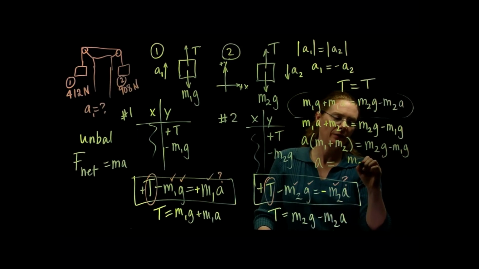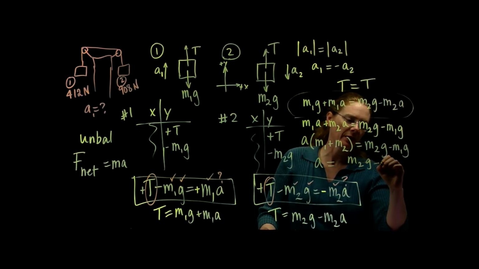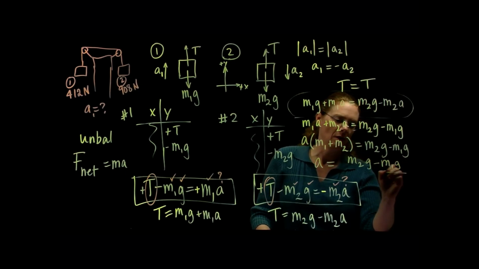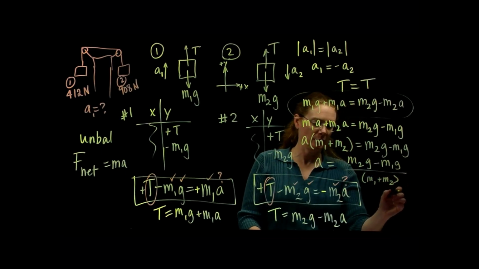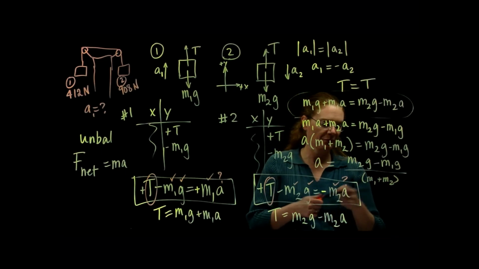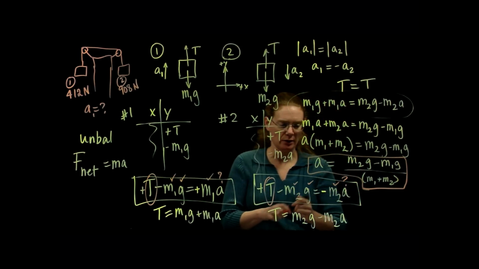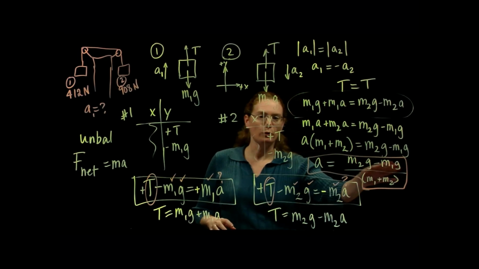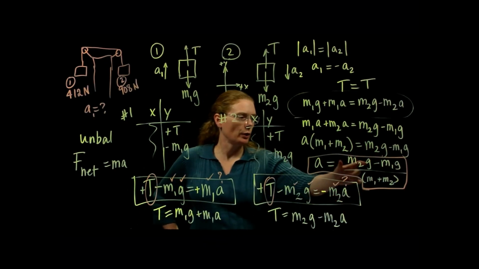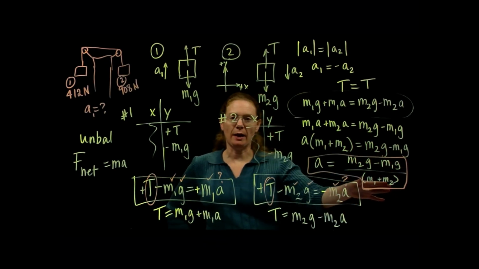So what I end up with is M2G, the weight of the second one, minus the weight of the first one, over the combined masses. Be careful, I'm talking about masses and weights here. So here is an equation for the acceleration with known values. So it's weight 1 minus weight 2 over the combined mass.